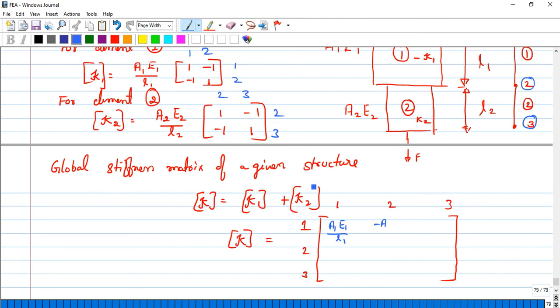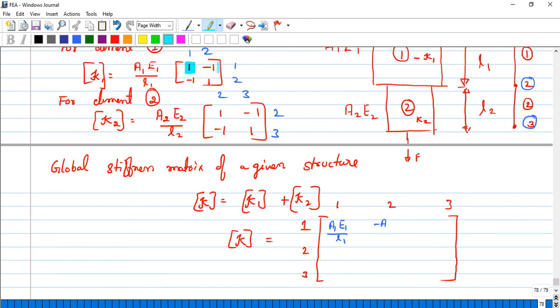First we fill the 1 1 position, that will be A1 E1 by L1.